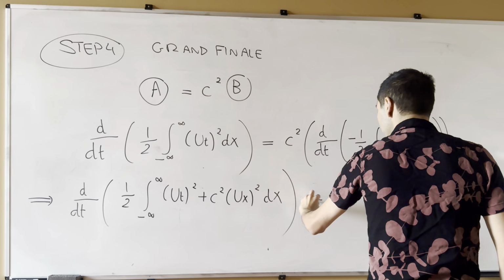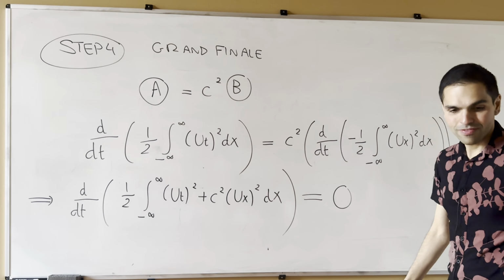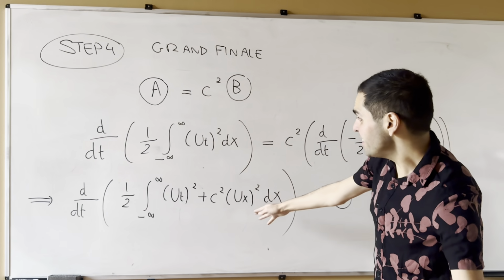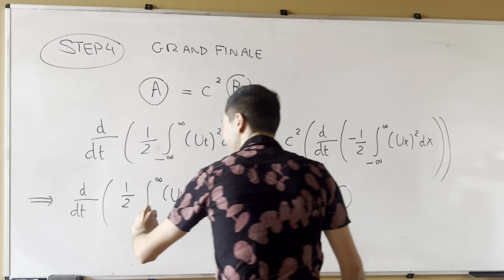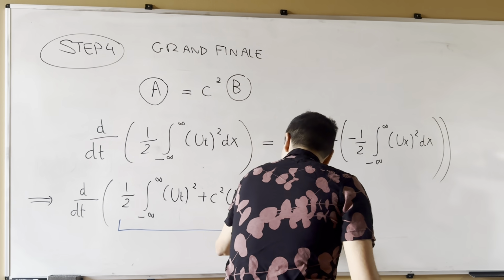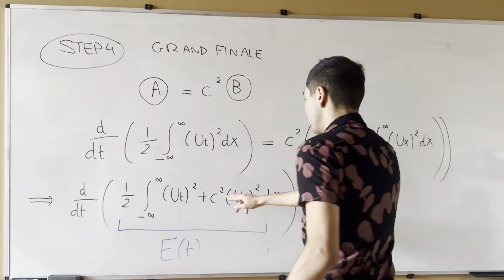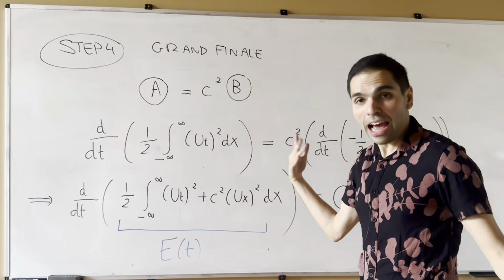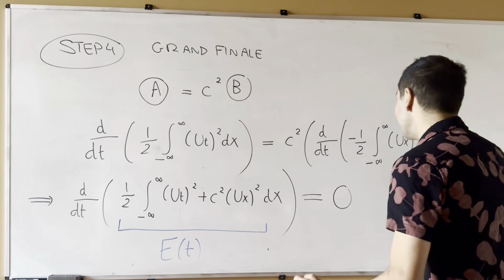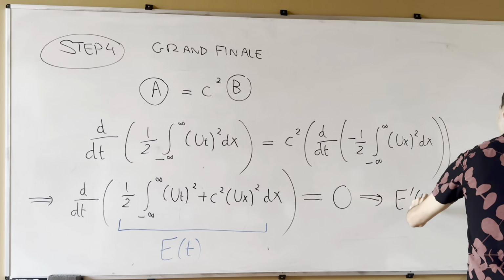This whole derivative becomes 0. And you see, we have our energy here, because if you let E of t be whatever that integral is, then we have shown that the derivative of E is in fact 0.